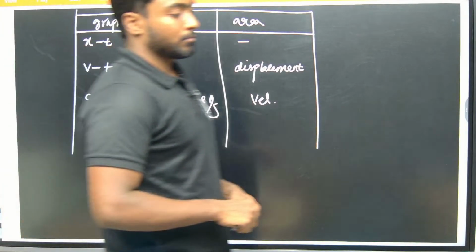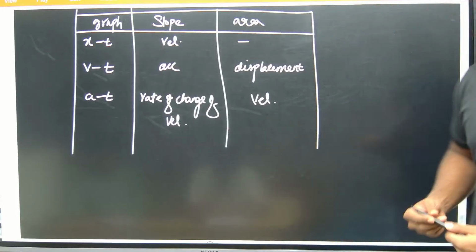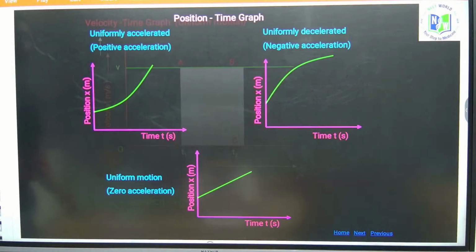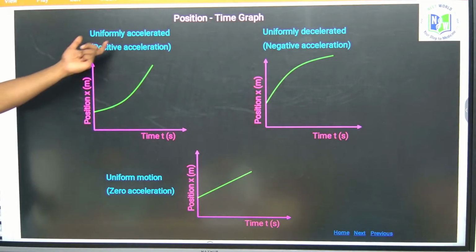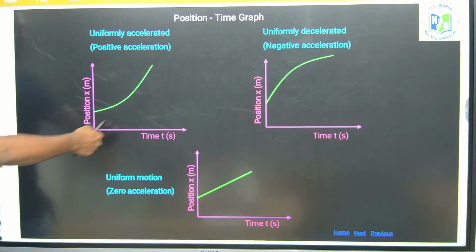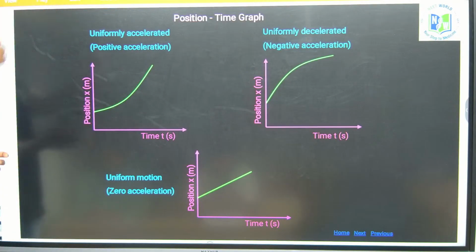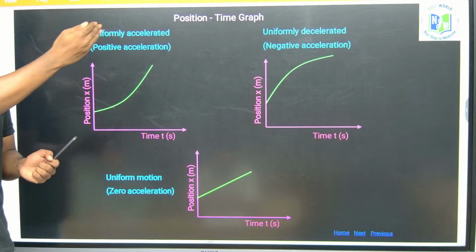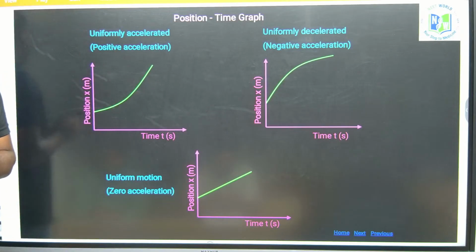We'll go for the next thing. So area we completed. Now position time graph, uniformly accelerated, uniformly decelerated. Uniformly accelerated means positive slope, it is accelerating uniformly, like the angle has been increasing uniformly.